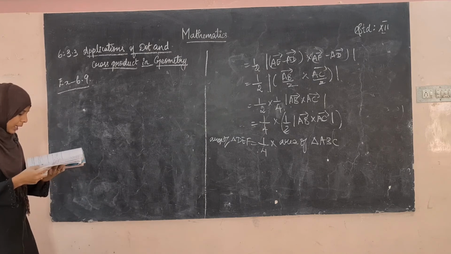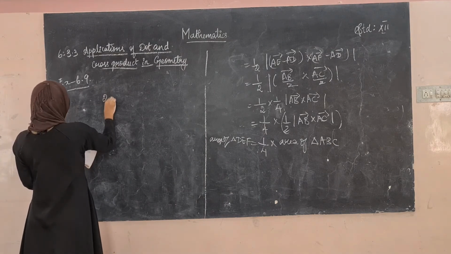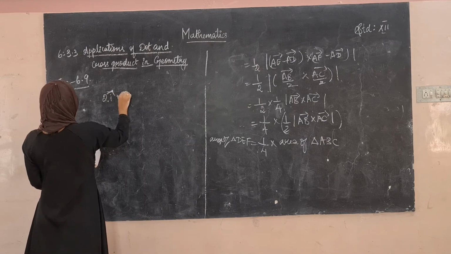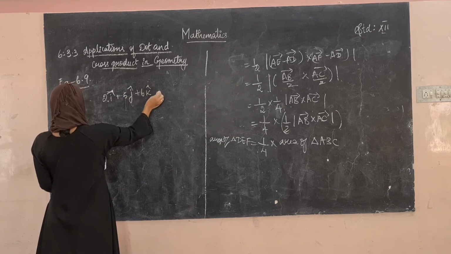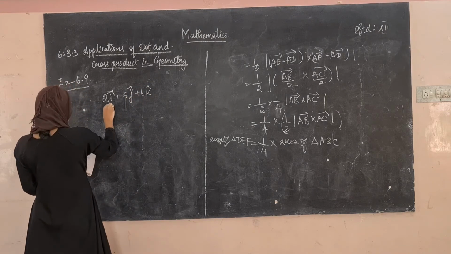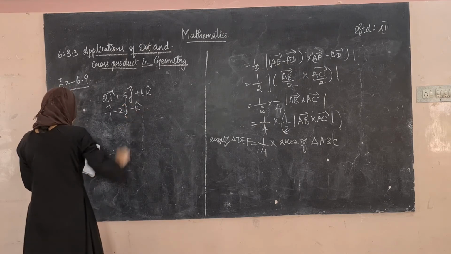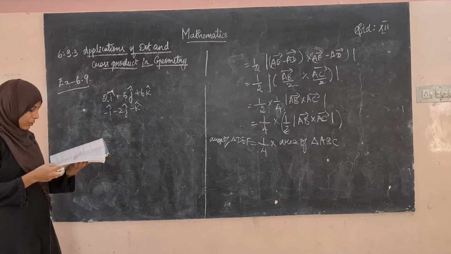Now let us see example 6.9. A particle acted upon by constant forces, 2i cap plus 5j cap plus 6k cap and minus i cap minus 2j cap minus k cap, is displaced from a point to another point. Find the total work done.